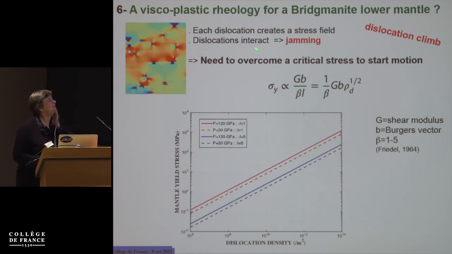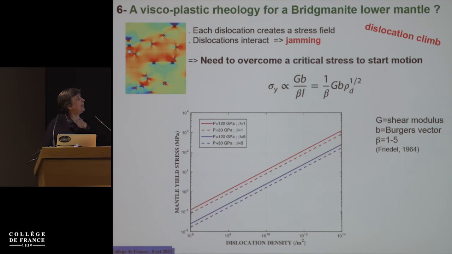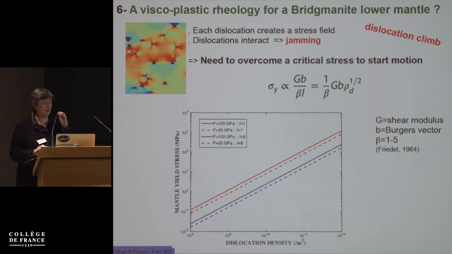But about 4 or 5 years ago, Patrick Cordier's group, looking at the behavior of dislocations in bridgmanite, showed that in the lower mantle, deformation was probably mainly by dislocation climb. In this case, each dislocation creates a stress field, and the network of dislocations creates a stress field. And then for a dislocation to move, it has to cross another dislocation.